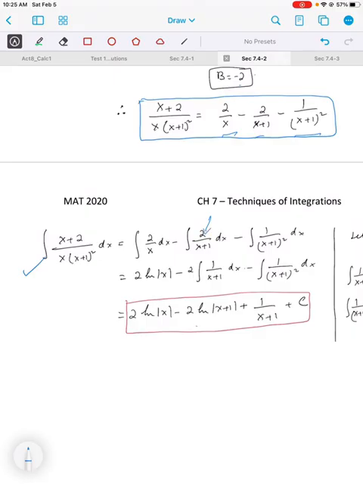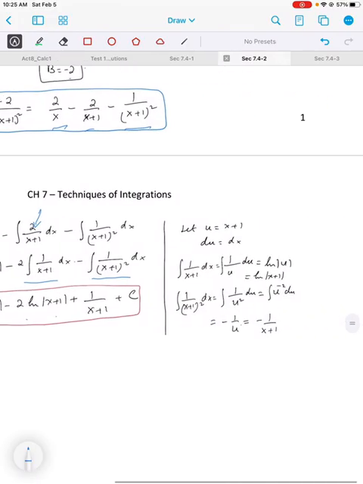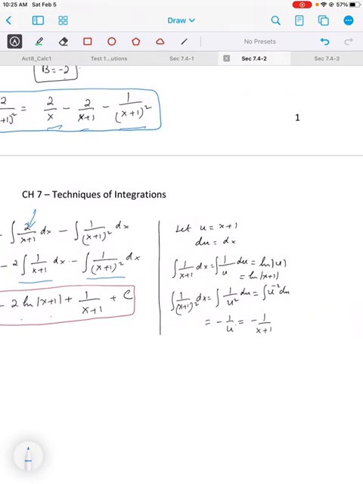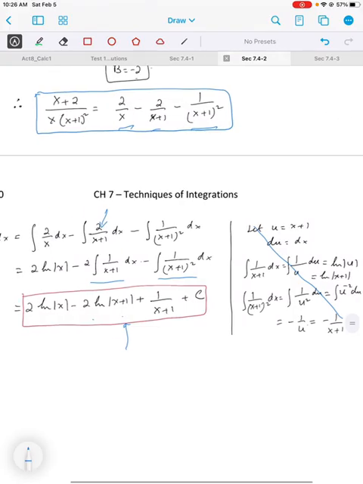You should be able to directly say -2 times ln of absolute value of x plus 1. If you are having trouble figuring out this or even this, what you can do is go on the side and make a substitution, or use any method that you have learned to figure out the answer. Even if you don't do this side work, and directly give me this answer, it's fine. That should be your answer.